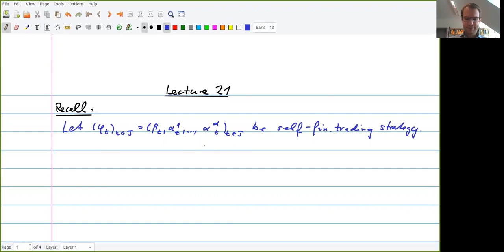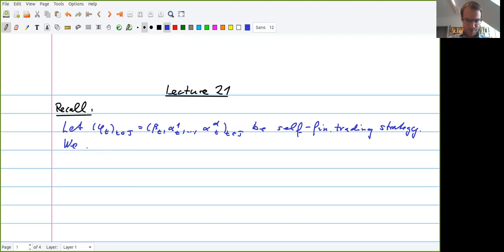And then we introduced some new notation. Not these alpha and beta, they represent the number of shares we hold. Now, because in portfolio optimization we only care about the amount of money we have, we wanted to represent just the amount we have in each of these D+1 assets.